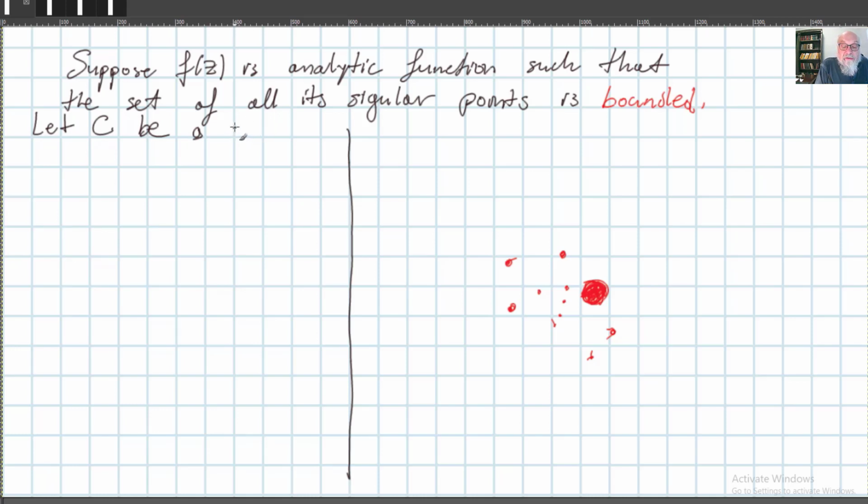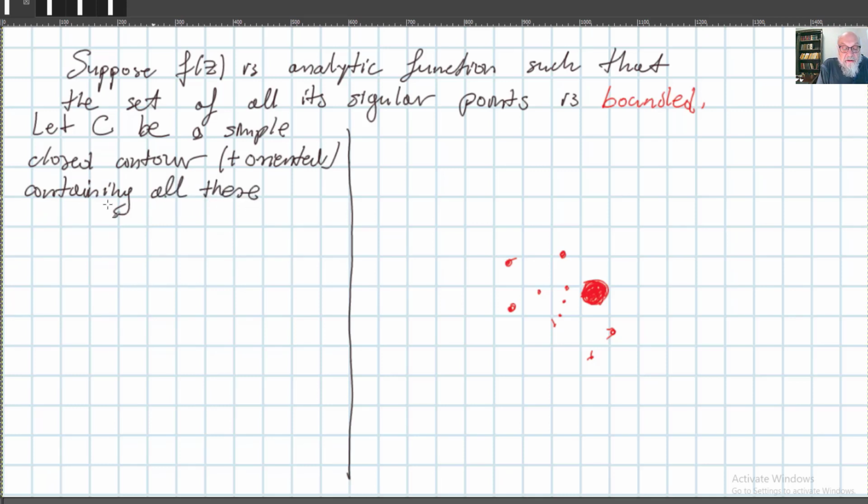Let's say like this, a simple closed contour, positively oriented, of course, containing all the singular points in the domain, in the area, bounded by C.